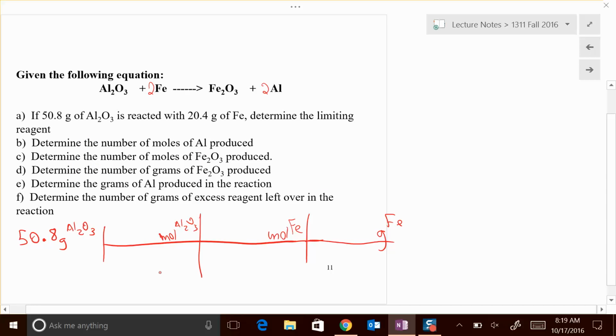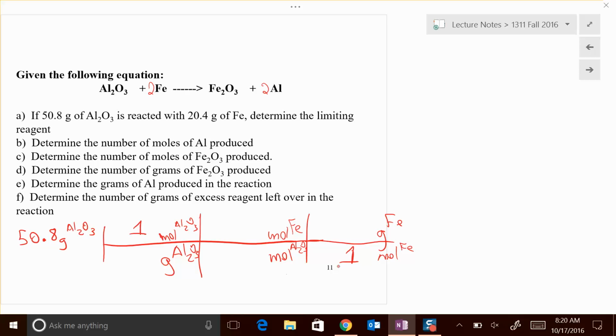Okay, so I drop all my units. Can somebody find the mass of Al2O3? Okay, grams and moles. Moles are always 1. And now I'm going to figure out how many grams Al2O3 is.